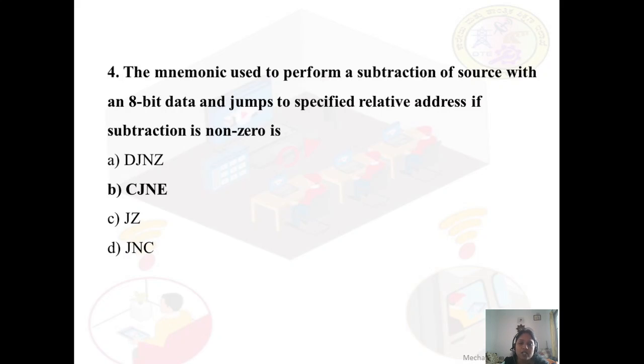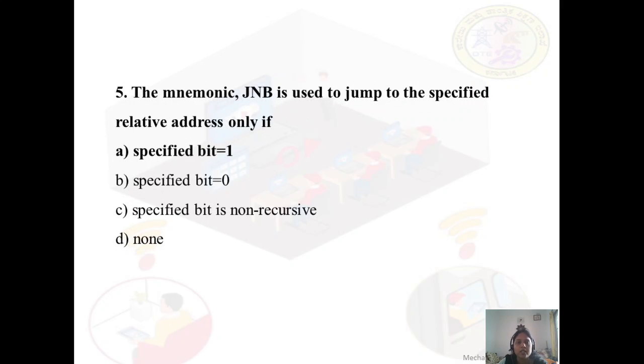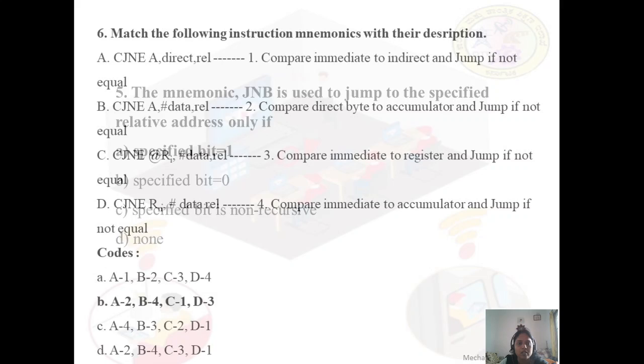That is your CJNE. Compare the operands. If it is not equal, then you have to jump. Understood? The mnemonic JNB is used to jump to the specified relative address only if the specified bit is 1, specified bit is 0, specified bit is non-recursive, or none. It is specified bit is equal to 0.